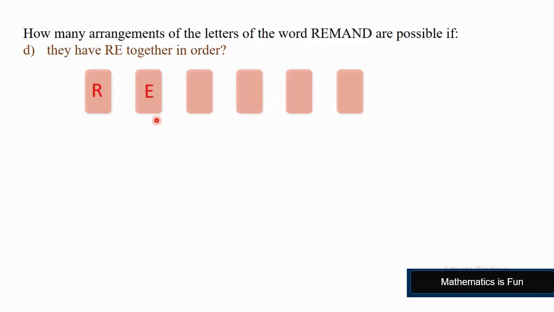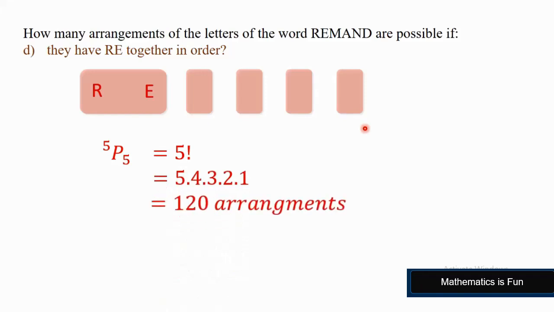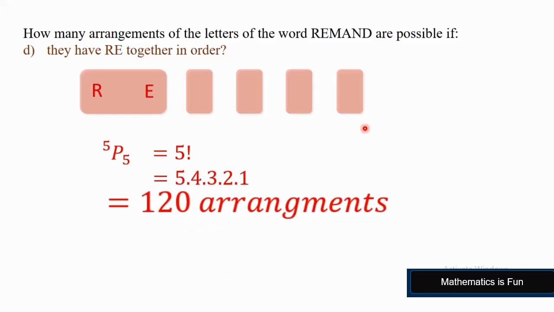As we have to place them together, we would consider RE as one unit. So here we have 5 units and 5 places in which we have to arrange 5 letters. We consider RE as one letter. So this is basically 5 factorial, that is 120 arrangements are possible so that RE stay together.